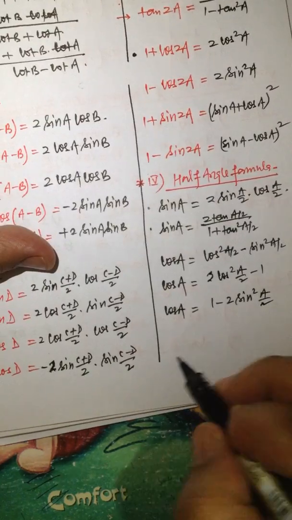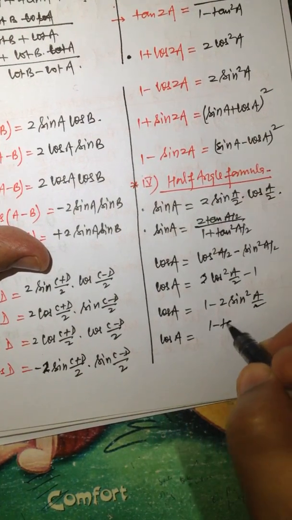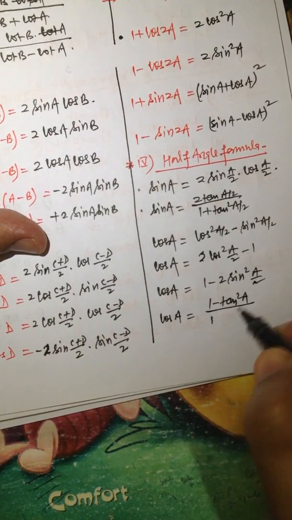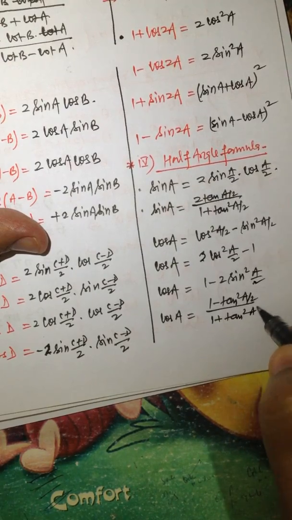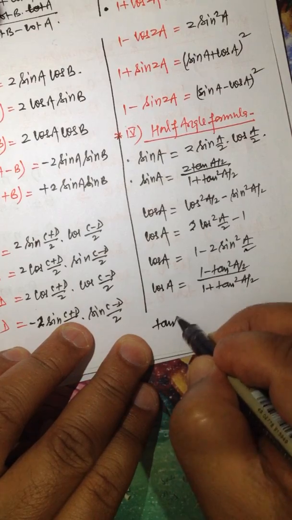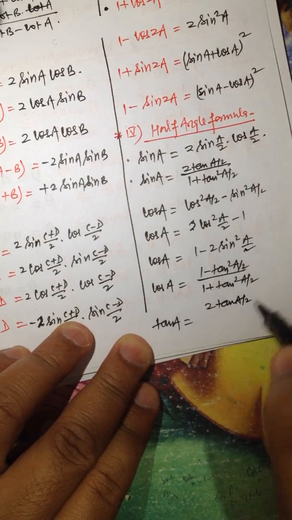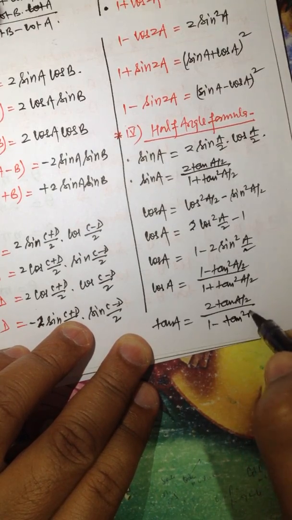And another one in tan: 1 minus tan square a by 2 upon 1 plus tan square a by 2. Another identity, tan a equals 2 tan a by 2 upon 1 minus tan square a by 2.